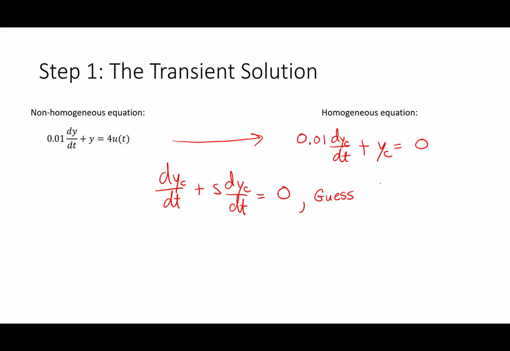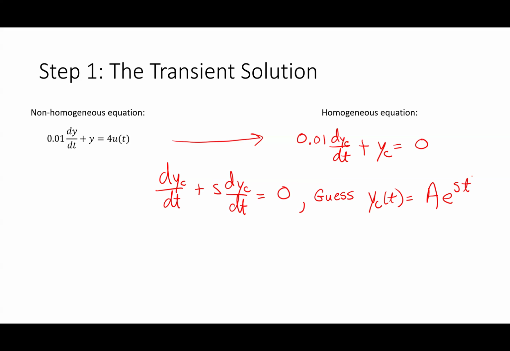You already told me the answer. What's going to happen if I have a first order system? It starts at a steady value, ends at a steady value. What's it do in between those two points? It's an exponential, right? So let's guess that it's A e to the st, like that.